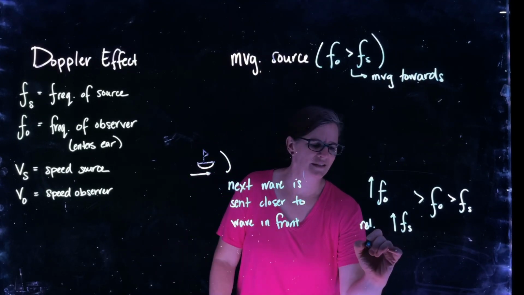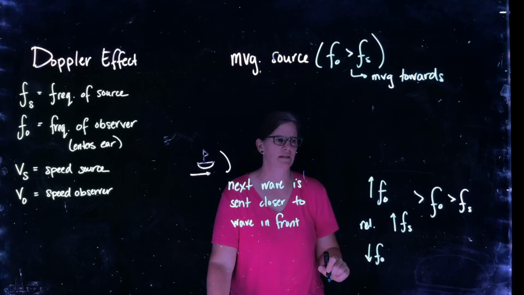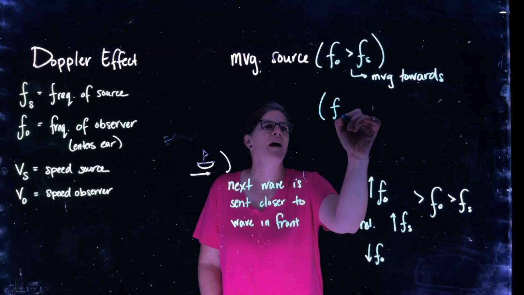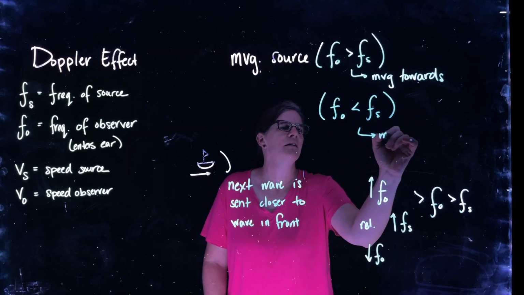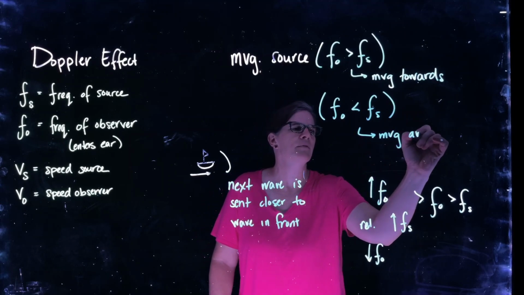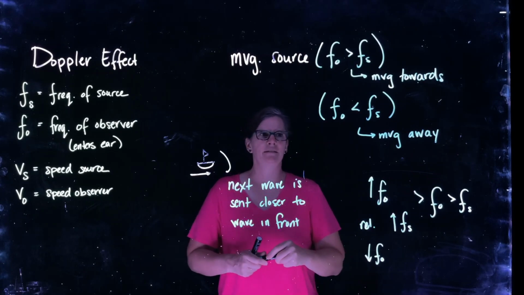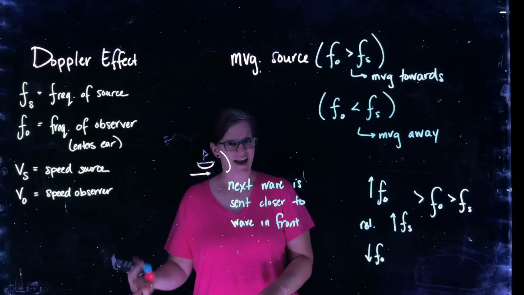Then it's going to decrease the frequency that the observer experiences. So if the source is moving away from the observer, then the frequency the observer experiences is less.